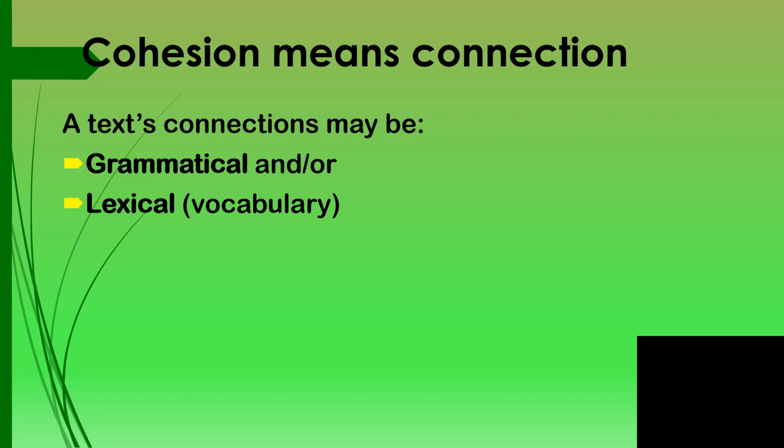Or if you use a synonym or an antonym, the opposite of a word used before, then again you're making a connection. So today we're going to concentrate on the grammatical cohesive devices, and we're going to start with the first one, the first type.